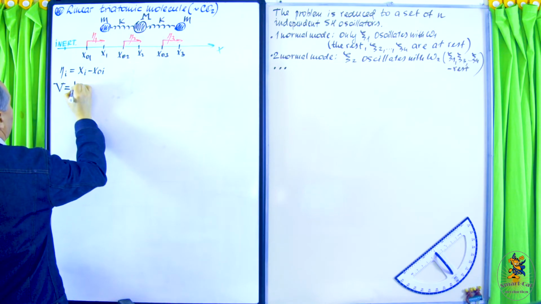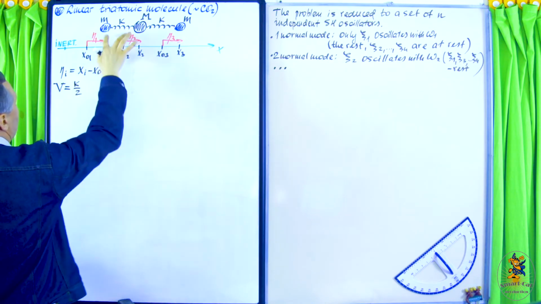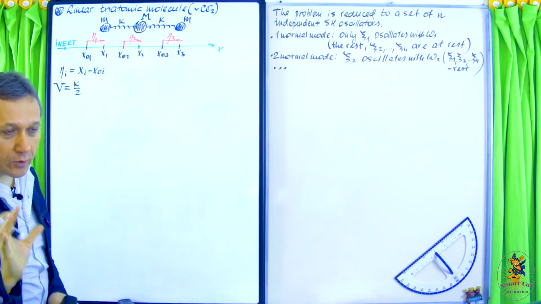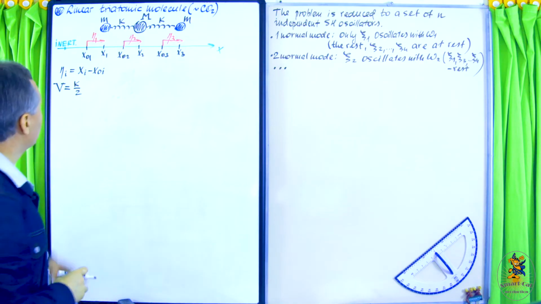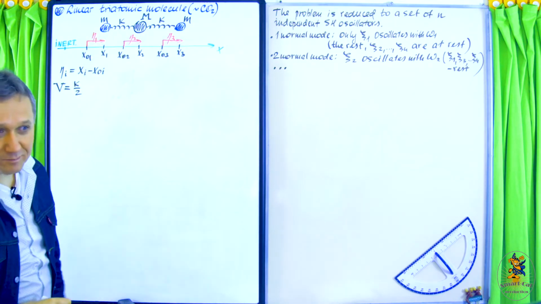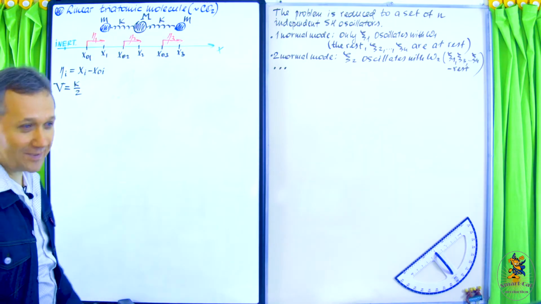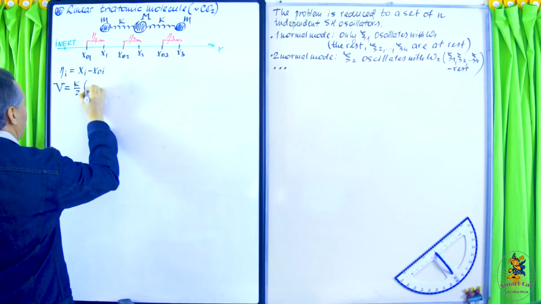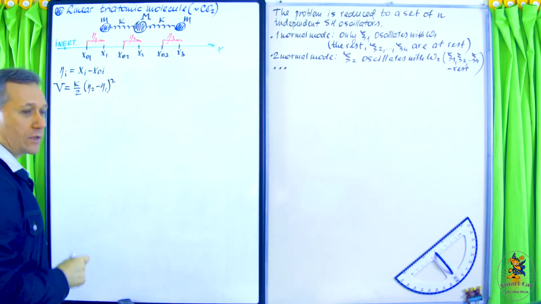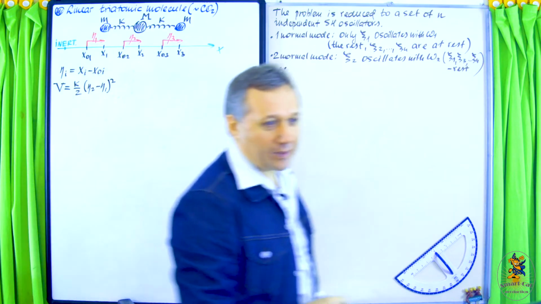It will be k over 2 times the square of the stretching of the first spring. Stretching is determined by the difference between eta 2 and eta 1, so it will be eta 2 minus eta 1 squared. That's the first part of the potential energy.